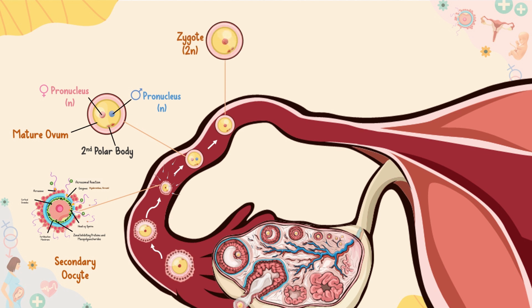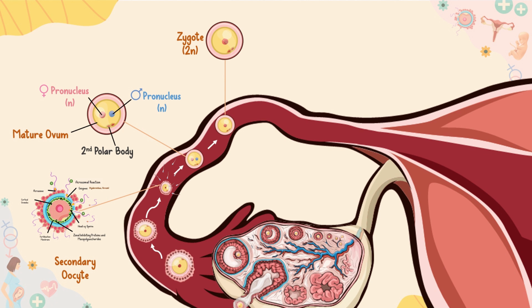At the same time, ovum, which was in the secondary oocyte stage of development, divides again to form the mature ovum, plus a second polar body that is expelled. Nucleus of matured ovum becomes female pronucleus with 23 chromosomes, which includes 22 autosomes and one sex chromosome, called X chromosome.